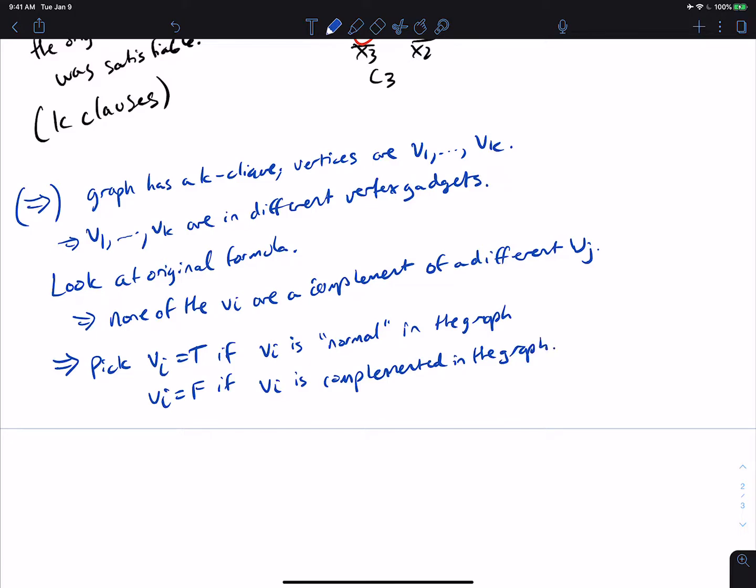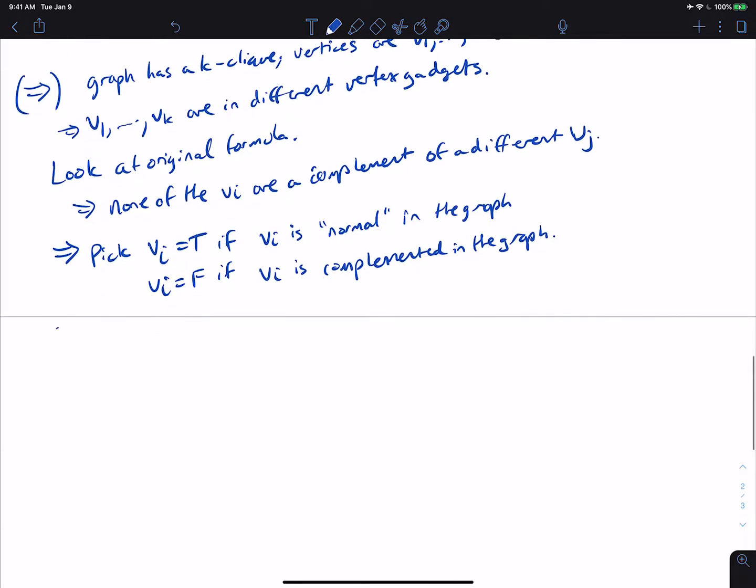And since none of them are complements of each other, and they must be in different clauses.